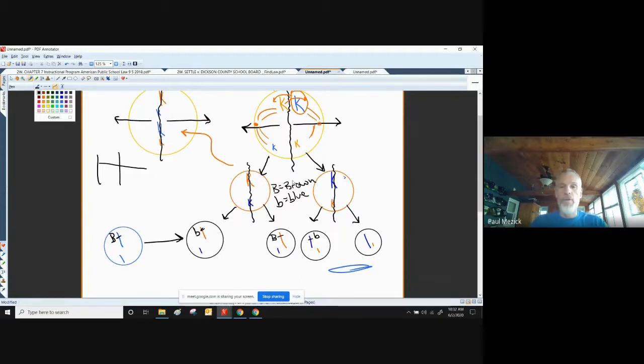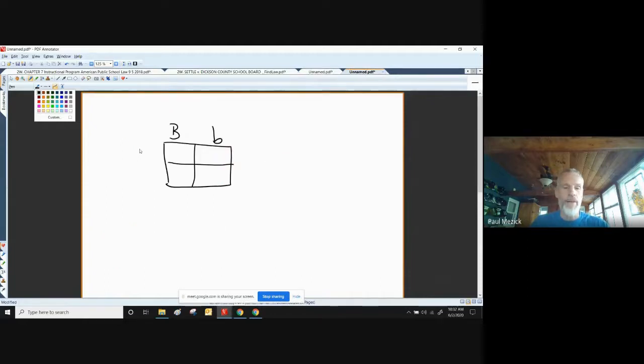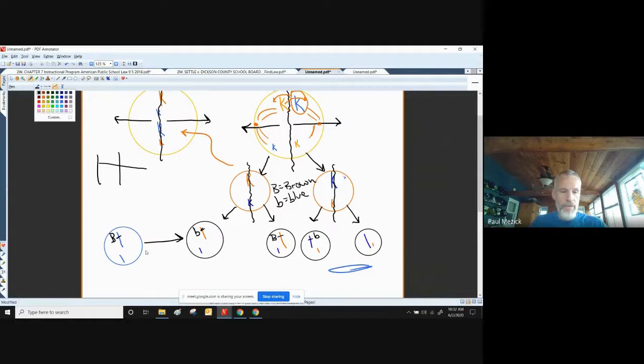And so when you did your Punnett squares, that's what you were doing. You were saying, what are the chances that these sperm and egg, if they get together, are capital B, capital B? What are the chances that it'll be capital B, lowercase b? In other words, what are the chances that this one here goes with this one here?